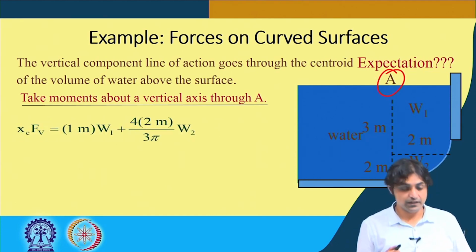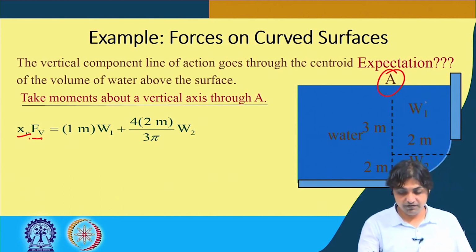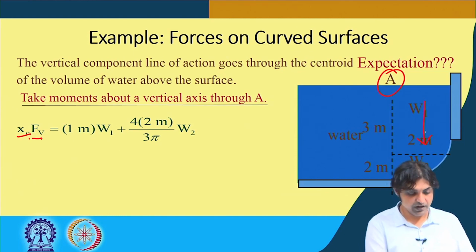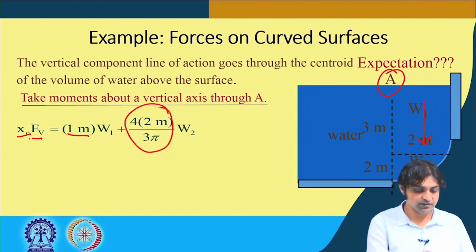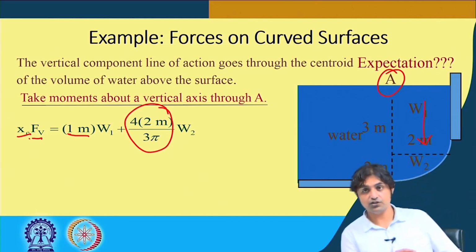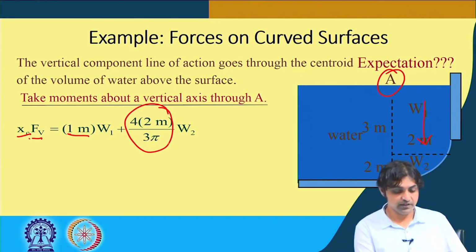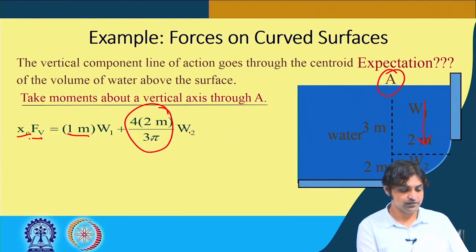So if we want to find out the line of action, that is XC, XC into FV will be equal to, the weight is acting, okay, 1 meter from there, W1. However, W2, if you remember, I told you to remember this equation 4r by 3 pi in the lecture, that we are going to use this, and actually we are using this. This is 4 into 2 by 3 pi.